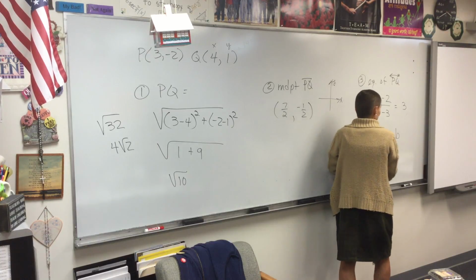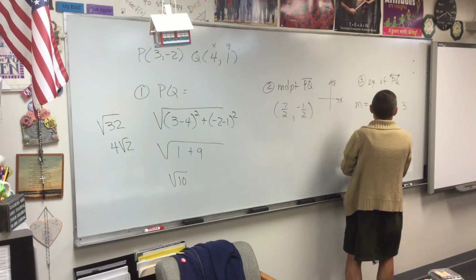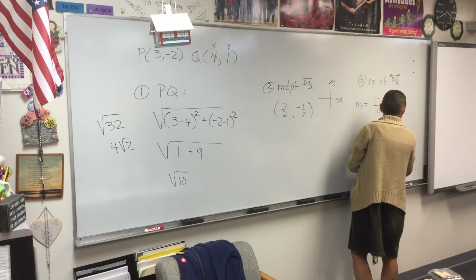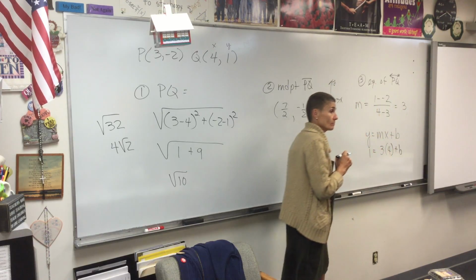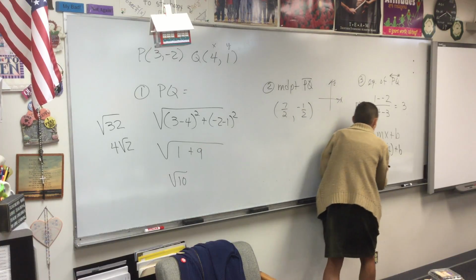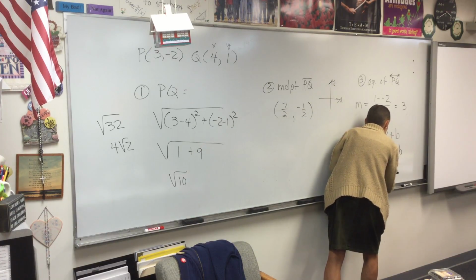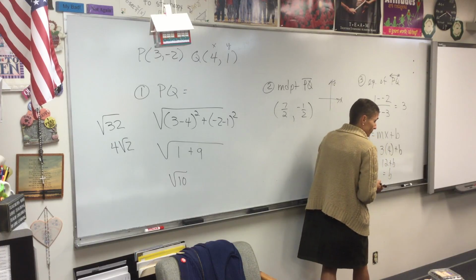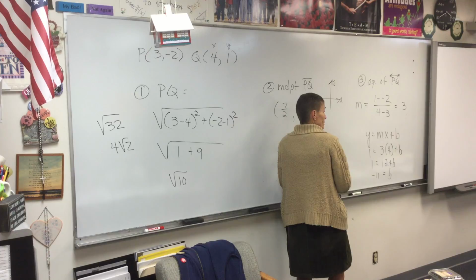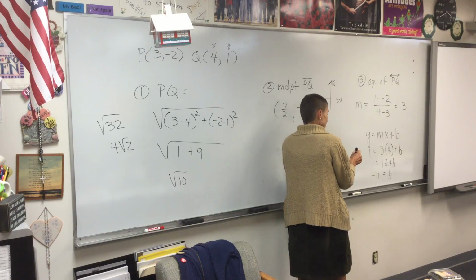So 1 equals m times x plus b. So 1 equals 12 plus b, and b equals -11. So my answer, that is not my answer.